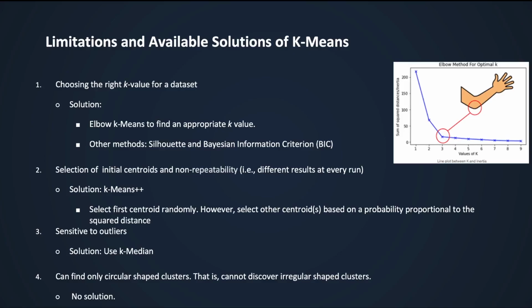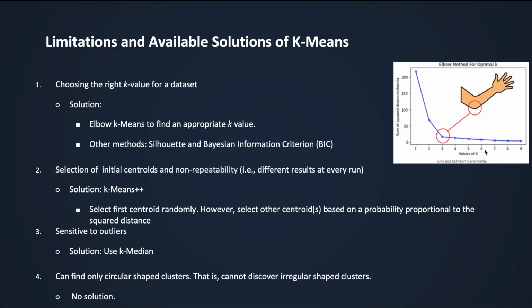To solve this open problem, researchers have suggested the elbow k-means method. In the elbow method, as shown in this picture, we run the k-means algorithm at different k values on a given dataset.